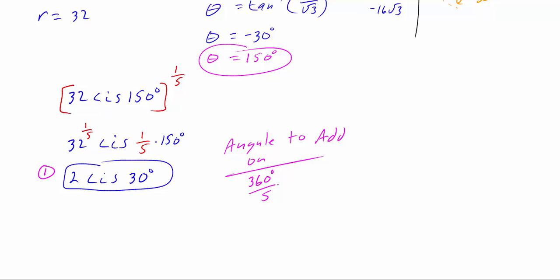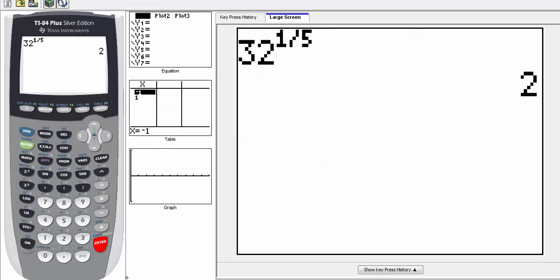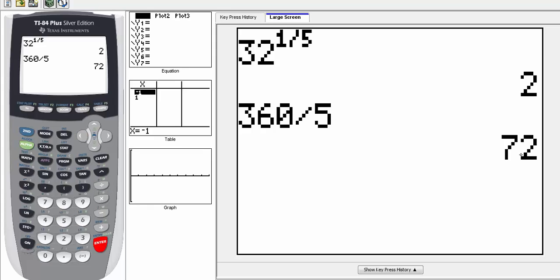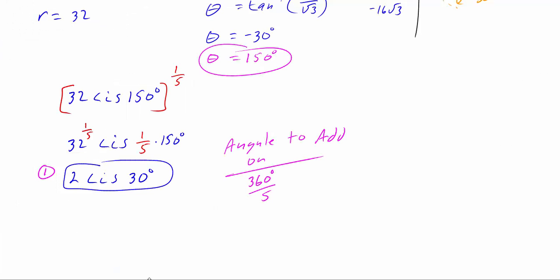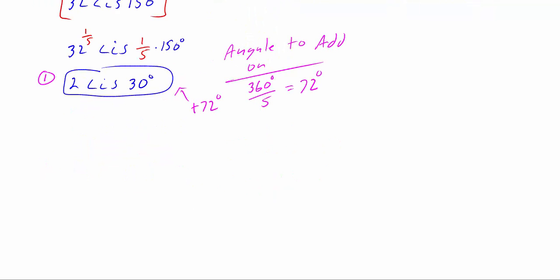So 360 divided by 5 is 72. That means we're going to add on 72 degrees each time. So here we have to add 72 degrees to the angle.